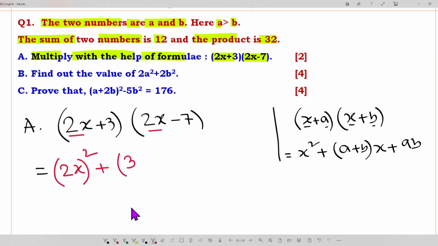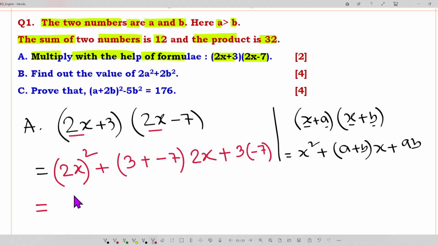a means 3, then plus b is minus 7, then times x is 2x, plus a times b, it means 3 times minus 7.